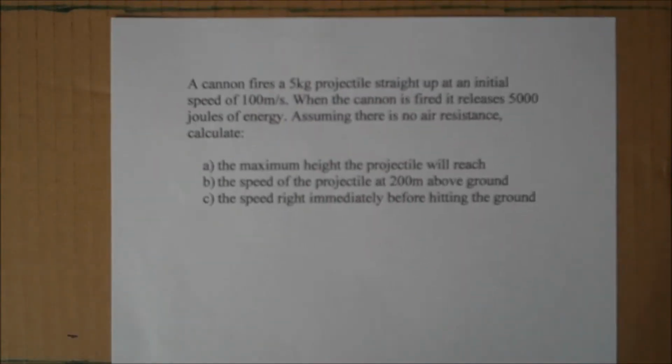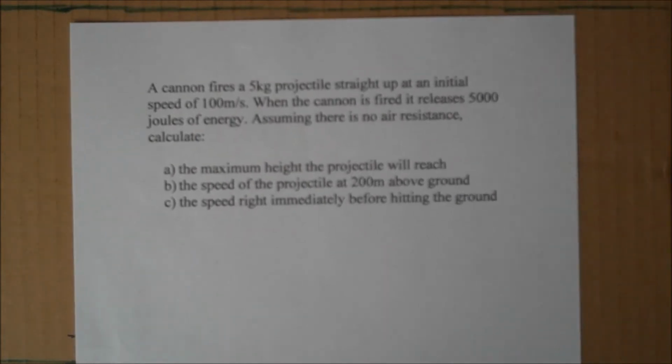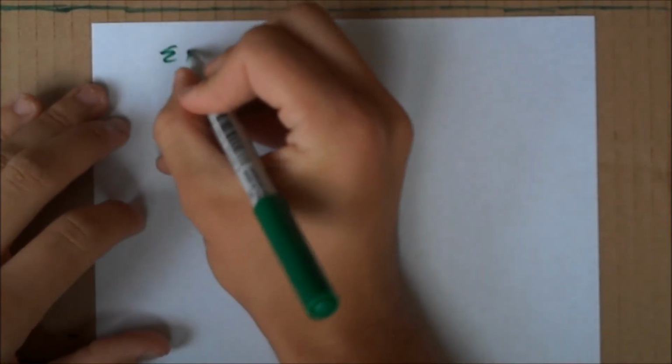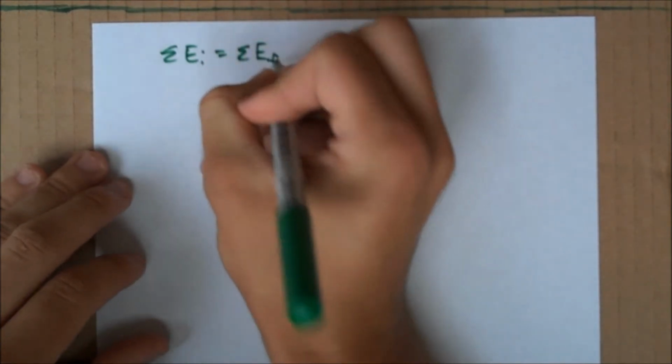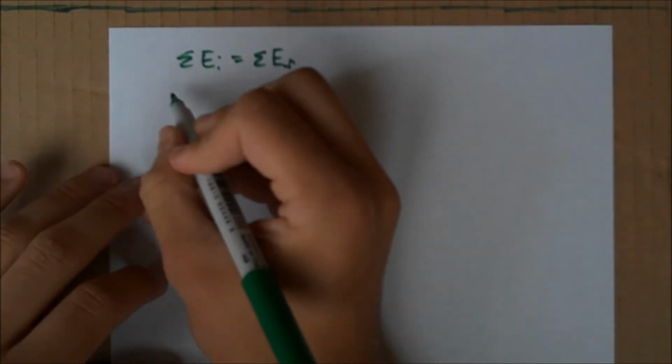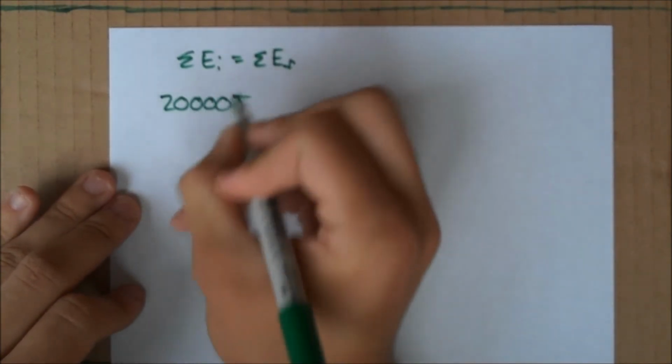Now for part C, we want to find the speed immediately before hitting the ground. Yet again, we have almost the same setup: the sum of the energies initial equals the sum of the energies final. We know our total initial energy from the first two problems is 20,000 joules, so we can just put that down.